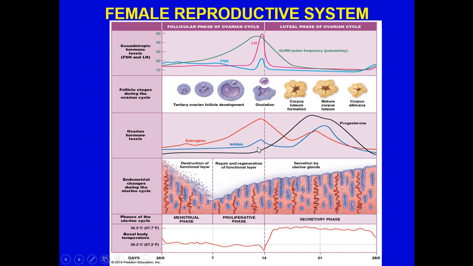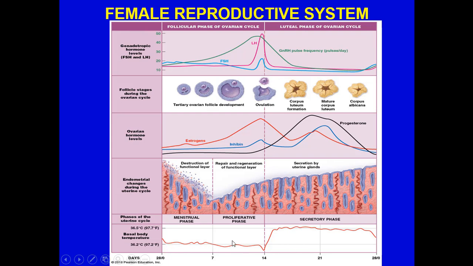Progesterone, interestingly enough, really rises, but it rises after ovulation and stays there for a sustained period of time. If fertilization occurs, if implantation occurs, this would not drop down. It would maintain itself at a certain level because it would sustain the secretory lining, the functional lining, okay?